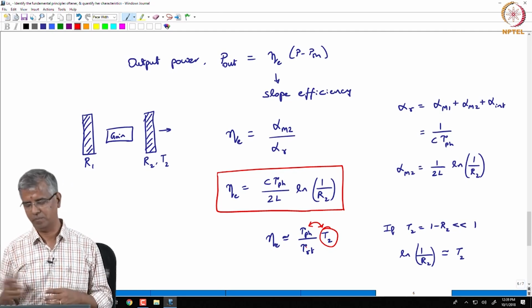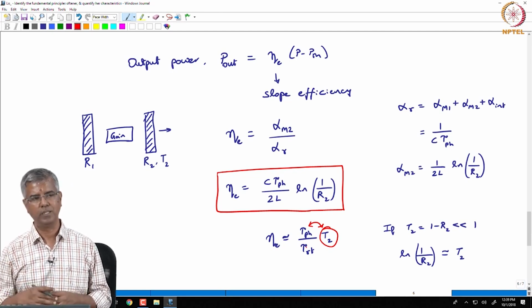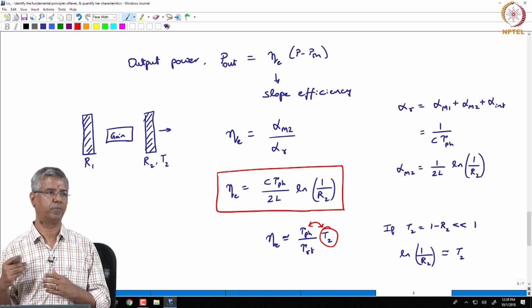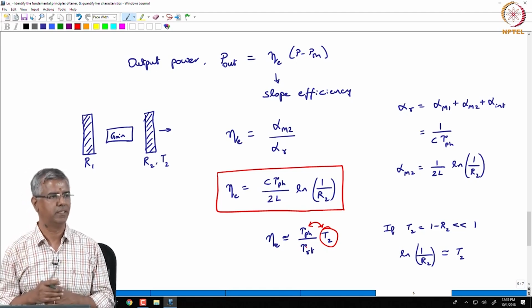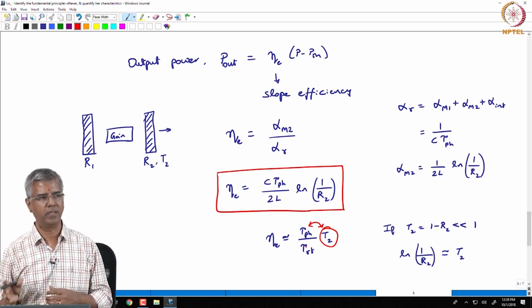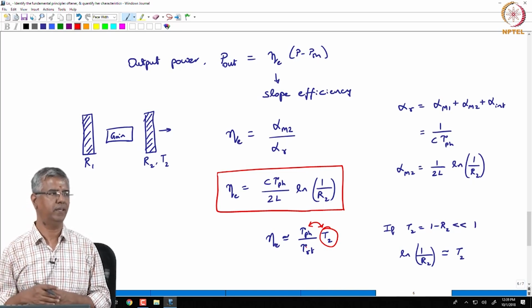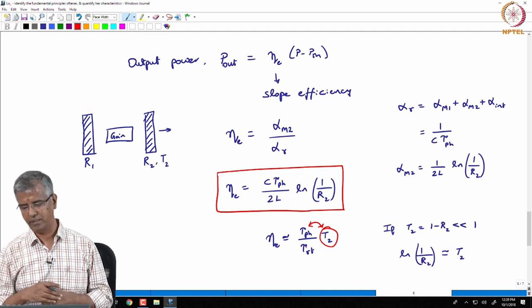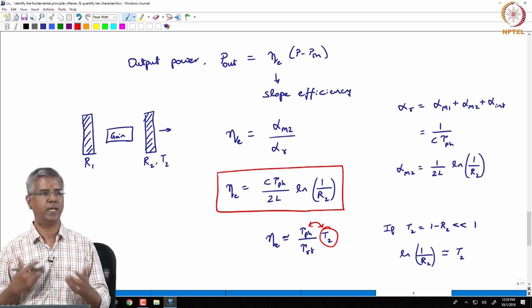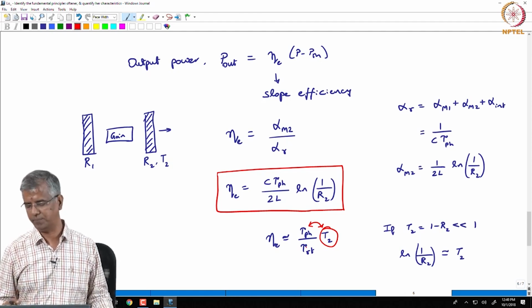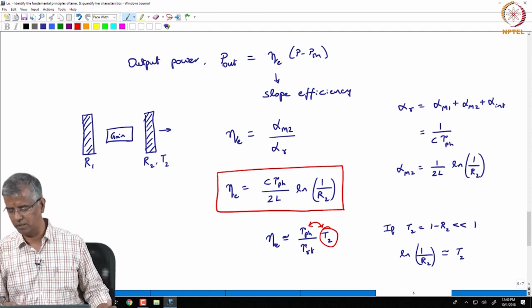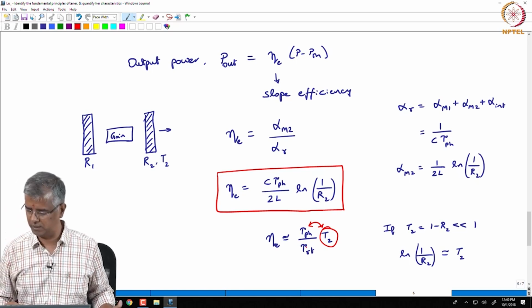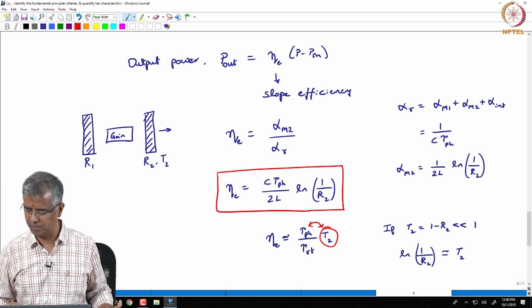On the other hand, if you try to extract a lot of power by making one of the mirrors low reflecting, which corresponds to high transmission, you may not have enough photons to sustain the laser oscillations, so to sustain stimulated emission.